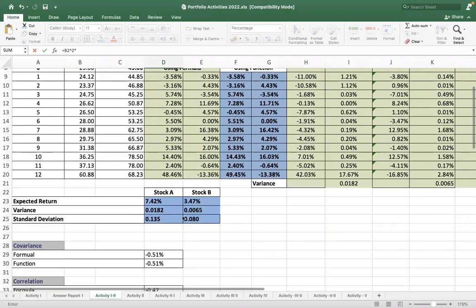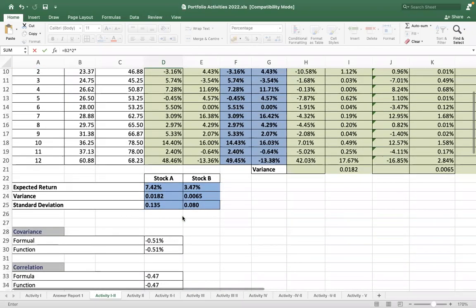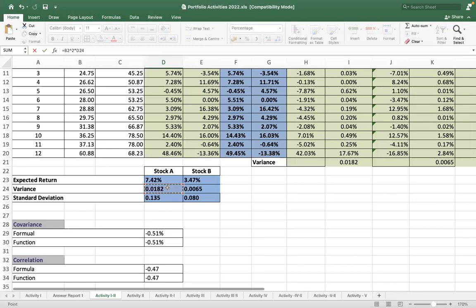So then we can select the variance of stock A. Let's put it in bracket, otherwise the calculation will mislead.